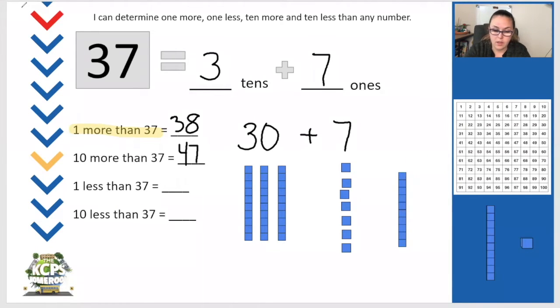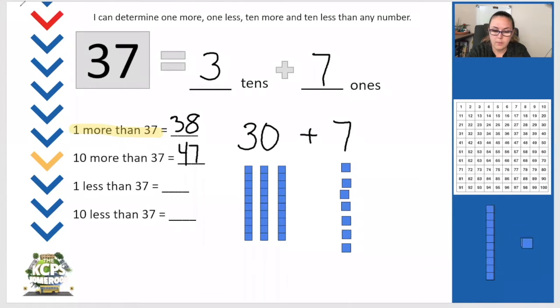So we need to erase drawings first and put materials back that we don't need. When we talk about less than, are we adding or subtracting? Which one? That's right. When we talk about a number being less than, we're typically subtracting.